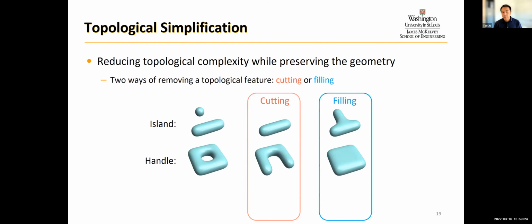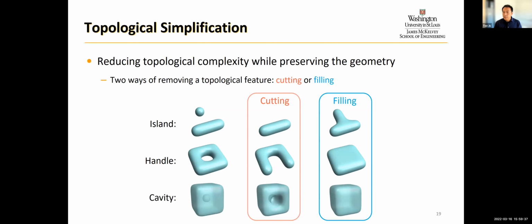For the handle, you can cut open the body of the handle, or you can fill in the donut hole in the middle of the handle. Both would reduce the number of handles by one. And similarly for cavities, you can either dig a tunnel to reach the interior cavity that would connect the cavity to the outside and thereby reduce the number of cavities by one, or you can just remove the cavity, fill up the entire cavity.